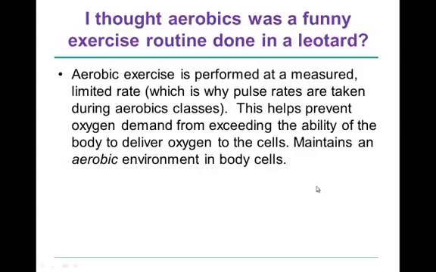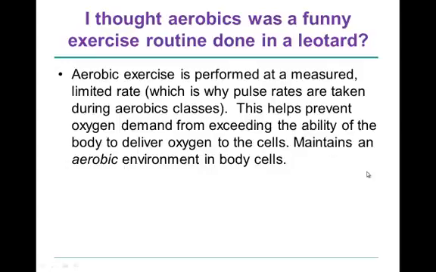That's why during an aerobics class, if you have a good instructor, they'll have you taking your pulse from time to time to keep it from getting too high. In other words, you want to exercise at a rate that does not exceed the ability of your body to deliver oxygen to your cells. And so by exercising at that limited rate, it maintains an aerobic environment in the body cells.